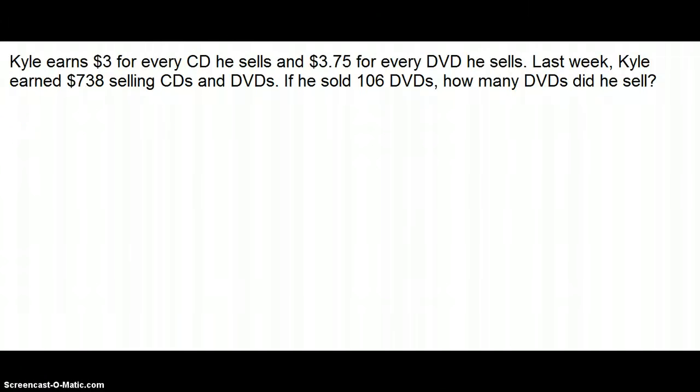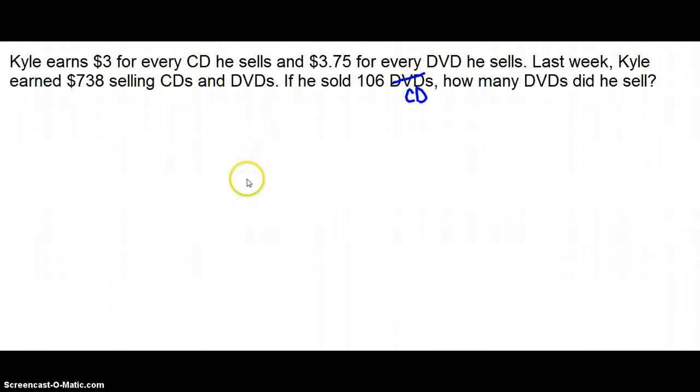Let's look at one more example. Kyle earns $3 for every CD he sells and $3.75 for every DVD he sells. Last week, Kyle earned $738 selling CDs and DVDs. If he sold 106, that should be CDs, how many DVDs did he sell? Let's just change that right there.